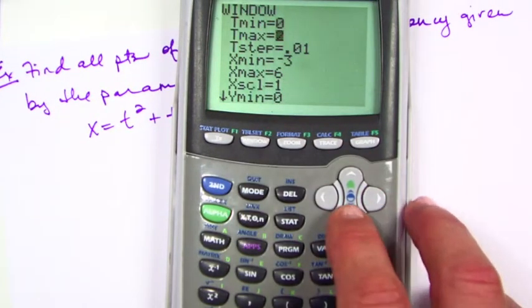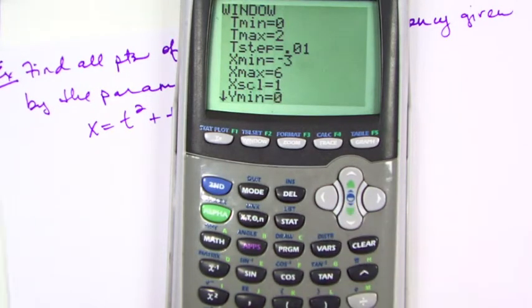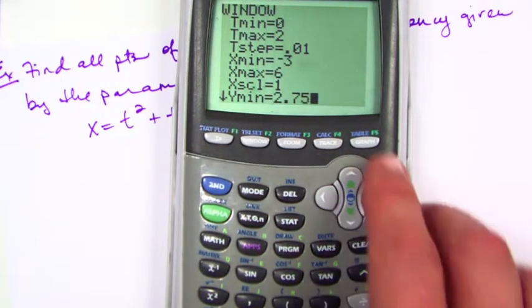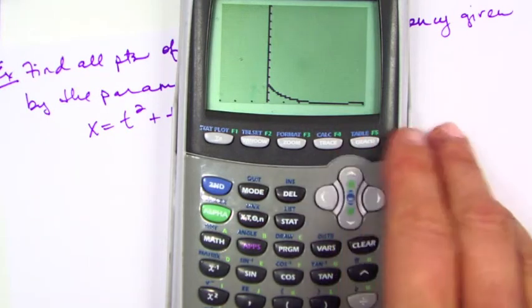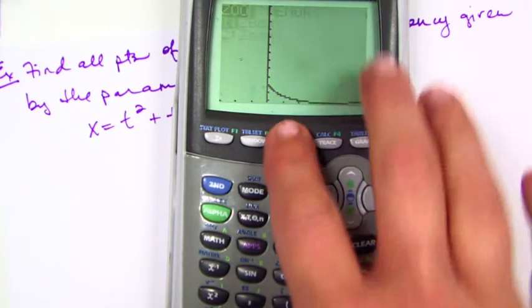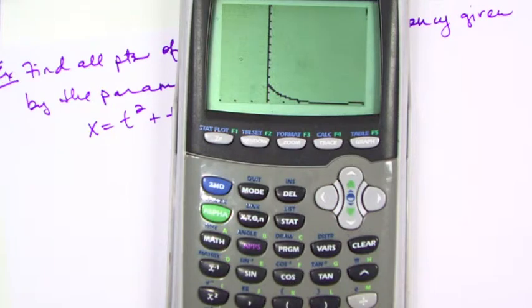So let me change my window here, and I just know because I did this already. If I change my window a little bit, what you see is this is really doing this. Let me go zoom 0. I zoom fit.